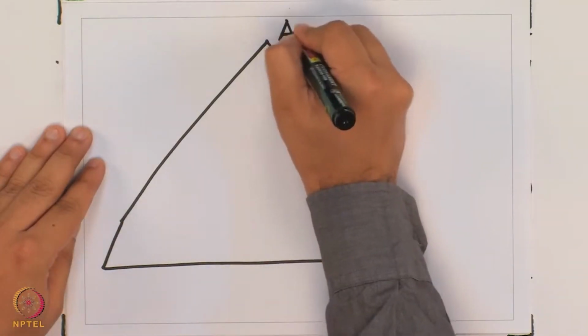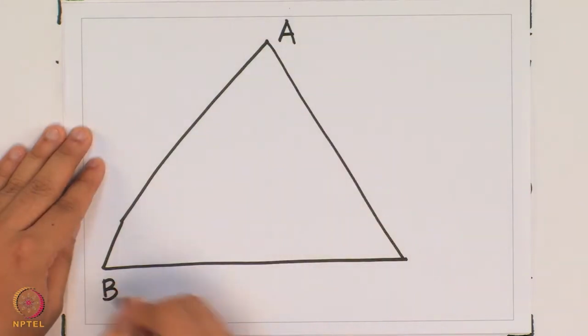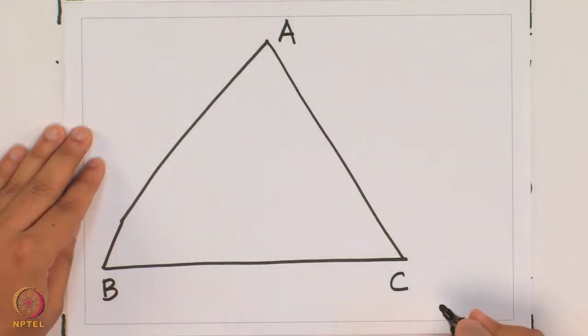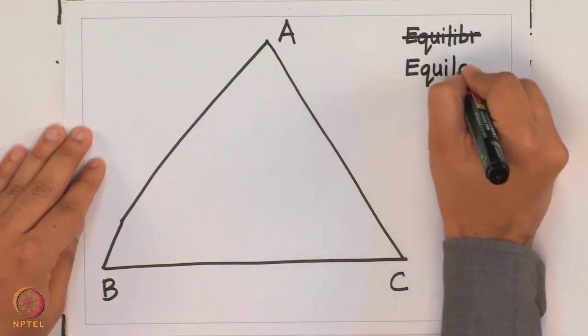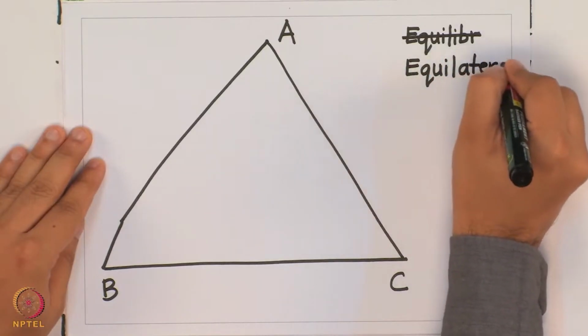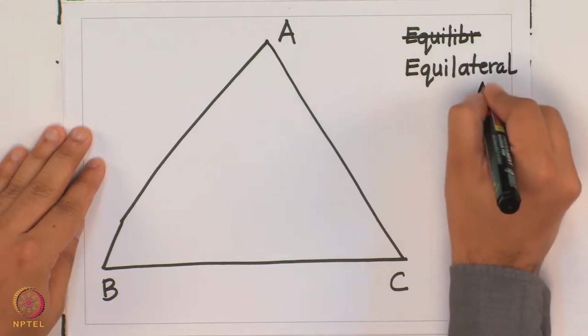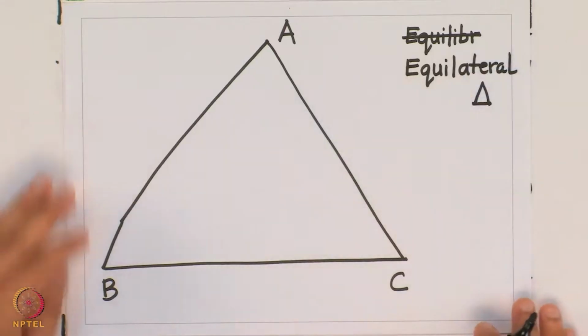Let me call this A, B and C. I will explain in just a second why this has to be an equilateral triangle for this representation.